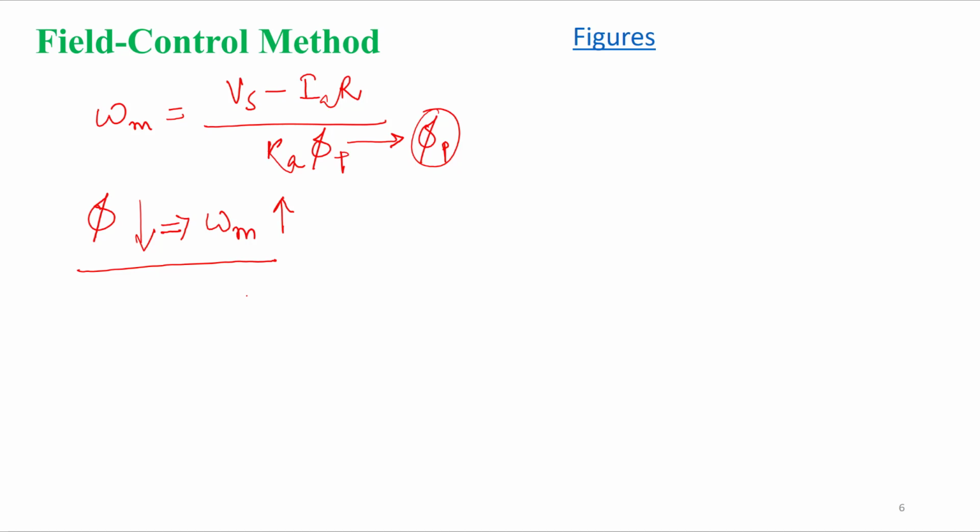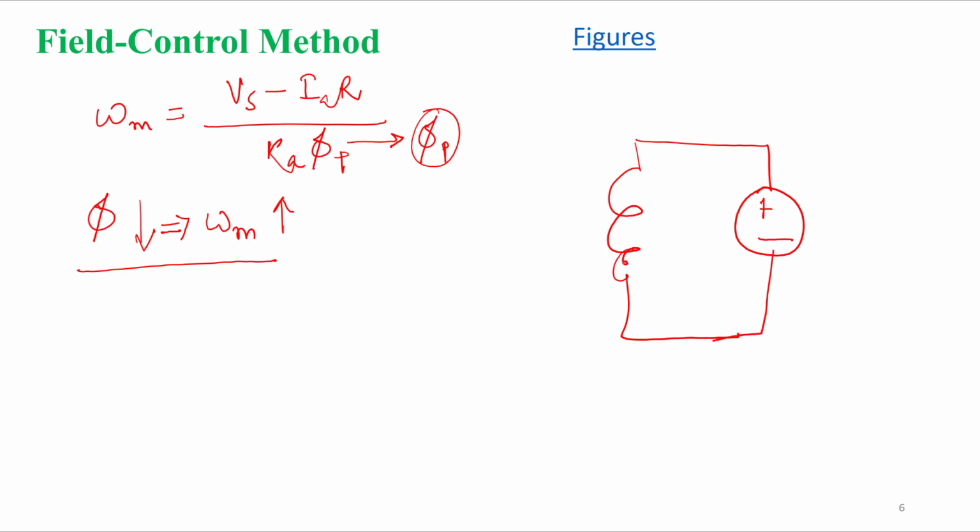This is not usually used otherwise, because when we connect the field across a source, it is constant, flowing the rated field current. Now if I insert a control resistance here, the field current will decrease, lesser than IF. As the field current decreases, the flux will decrease and the speed will increase.